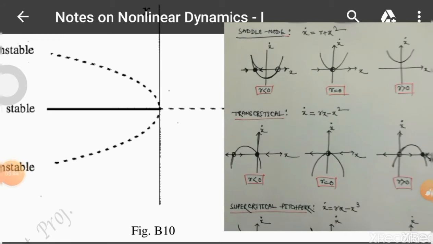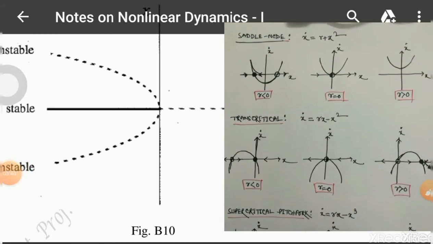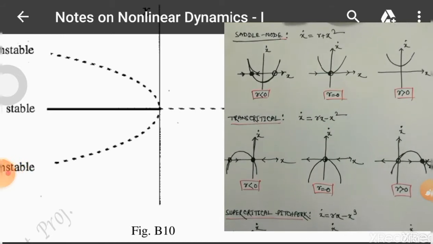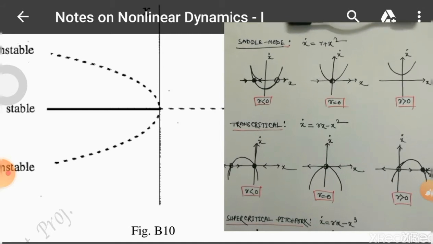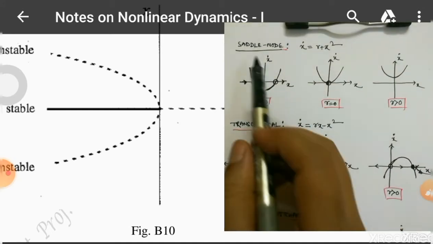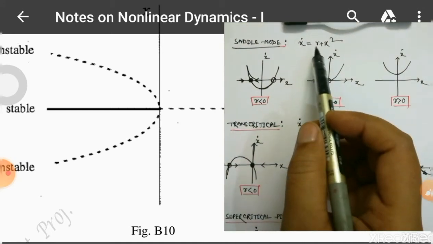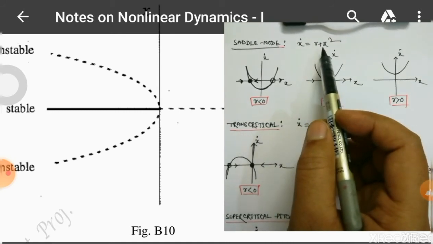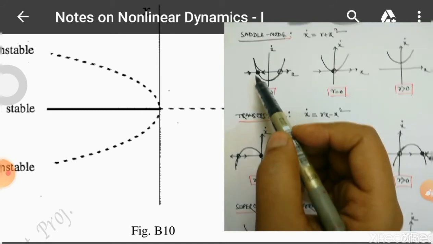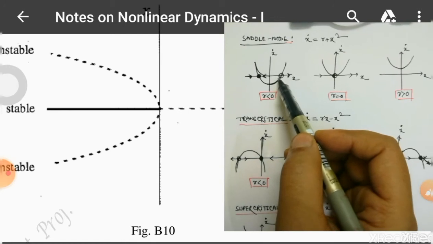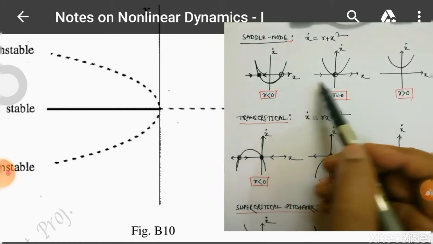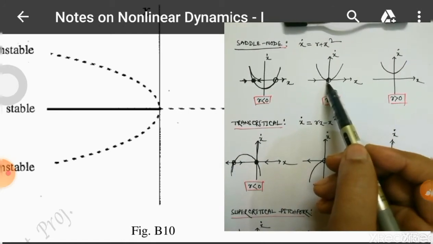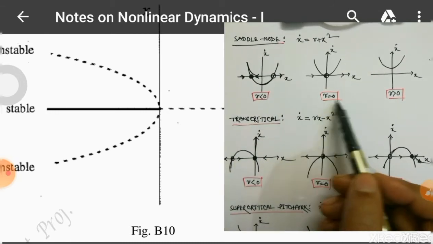So we discussed three types of bifurcations. First, we discussed saddle node bifurcation, the normal form of which is x dot equal to r plus x square. Here there are two fixed points that come towards each other as the control parameter r is varied.